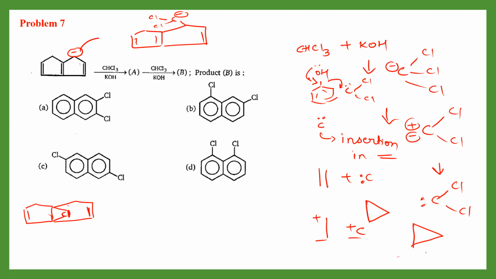Now next step, think now. Ring opening. One thing I have done wrong. This is not Cl. This is carbon with two chlorines. Let me draw the big structure. Very good, ring opening. But how will it take place?